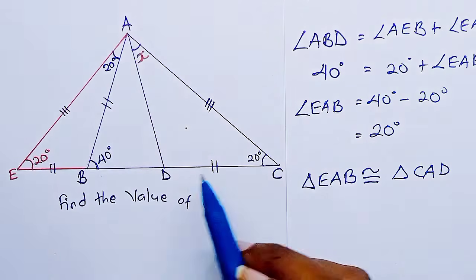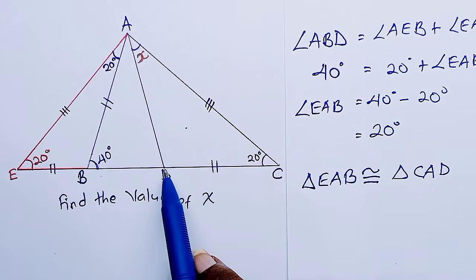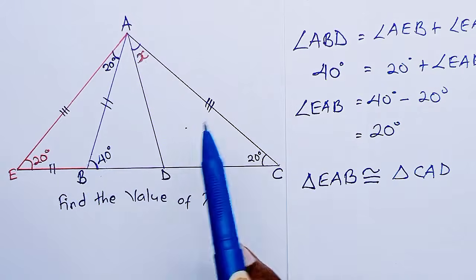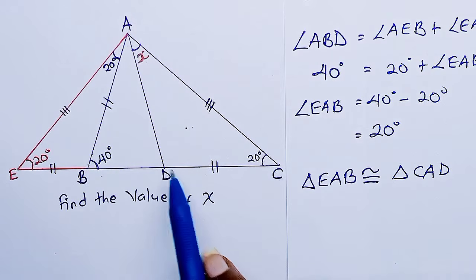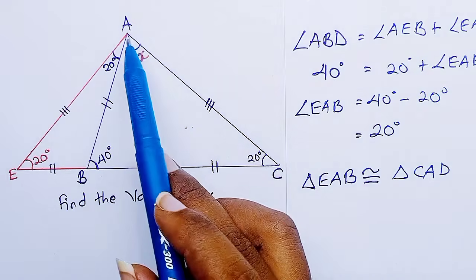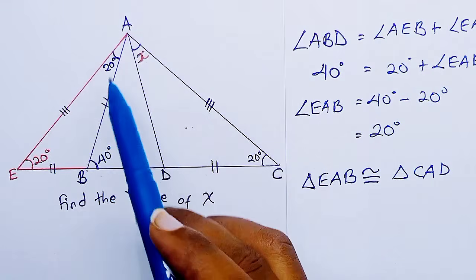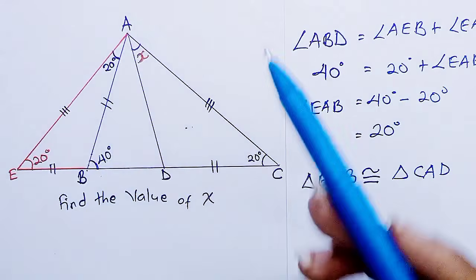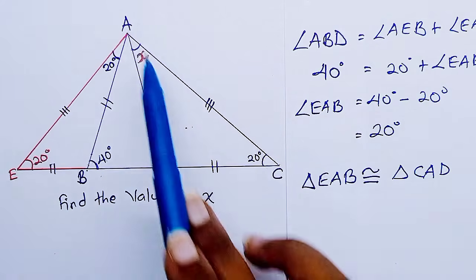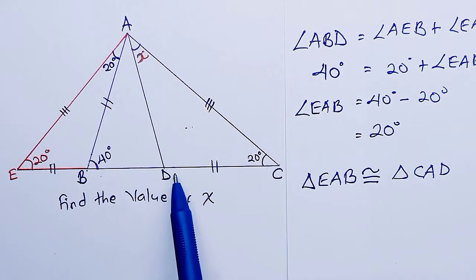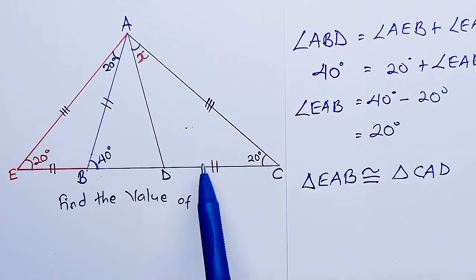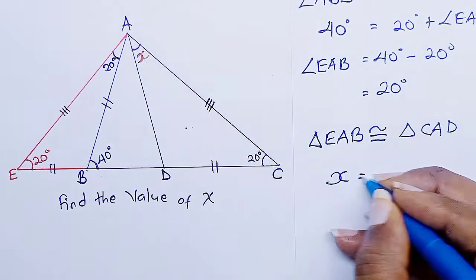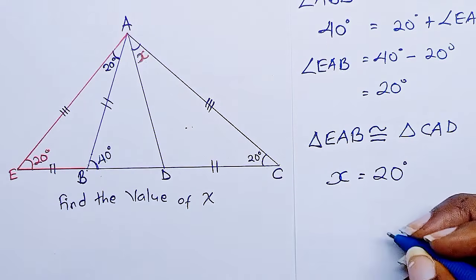Okay, so that implies that the side that corresponds to it in this triangle is DC. So remember, DC is equal to AB, and the angle that corresponds with AB is 20. That implies that also in this triangle here, the angle that corresponds to DC is also 20 degrees, and that angle is x. So that means x is equal to 20 degrees. Hope you've understood that.